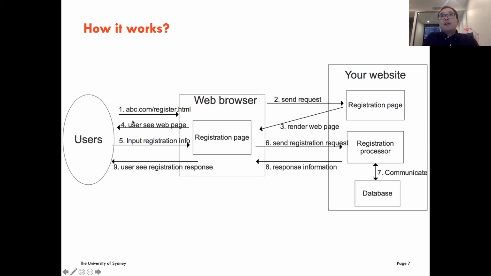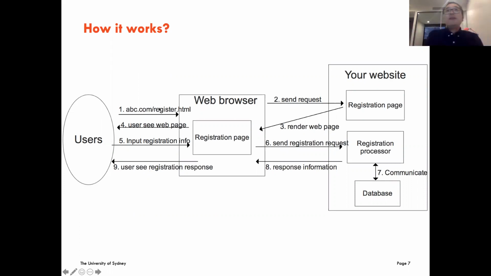Say, for example, you can see that I break down the process into steps. You can see that this is a user, this is a web browser, and this is your website. Imagine that a user inputs abc.com register.html. ABC is your website, and register.html is the website register page.